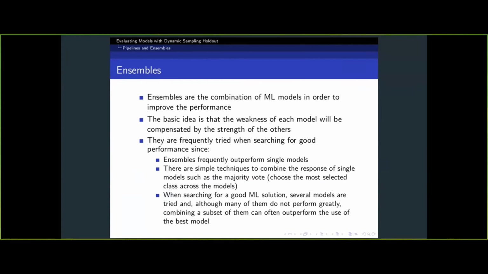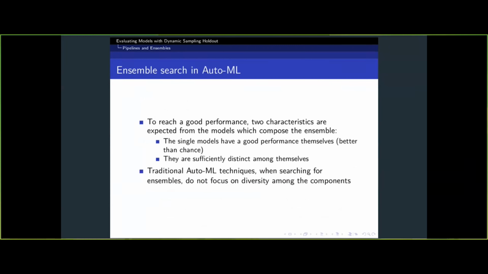And if we search for a good machine learning model, we have already passed through several possible ensemble components. In this sense, ensembles can be a good approach when we are in the AutoML context. Basically because they already have a good performance. And if we're looking for good ensembles, we just need that these components have a good performance themselves and are sufficiently distinct, okay?